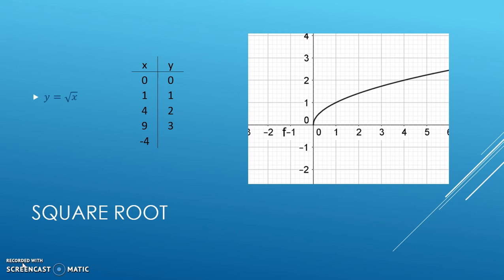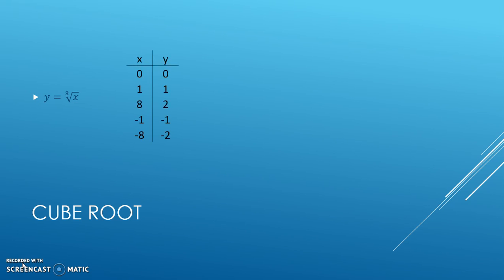Alright? So we did a quadratic, and the inverse of that is a square root, and now we're going to do cubed root. So this would be y equals the cubed root of x, because there's a little 3 up there in the power, in the root. So now, if you look back, we couldn't put negatives in square root, but we can put negatives in cubed roots, right? Because -1 times -1 times -1 does give me -1 back.